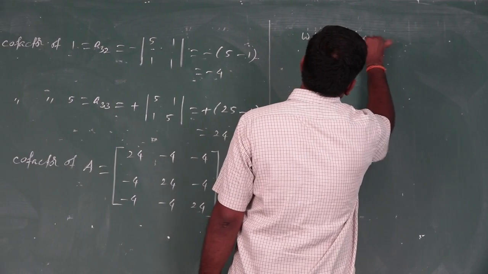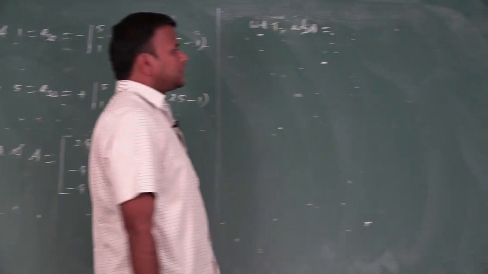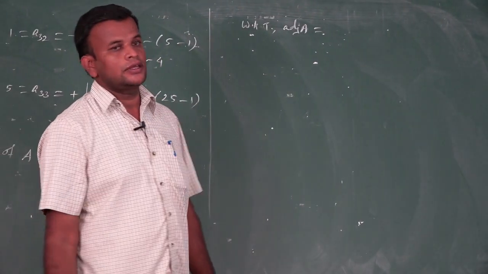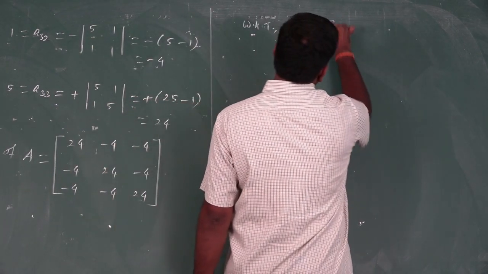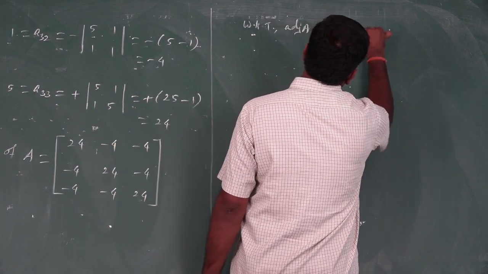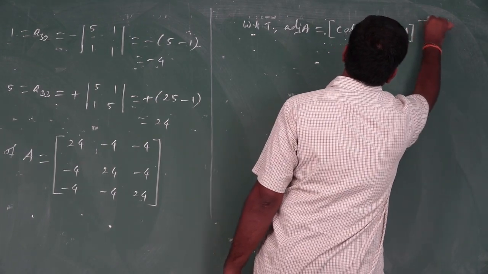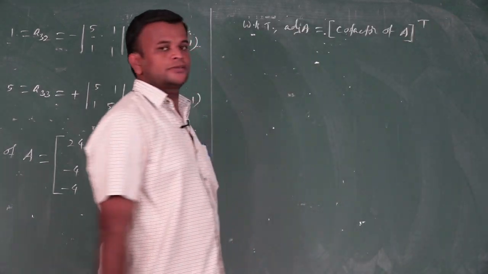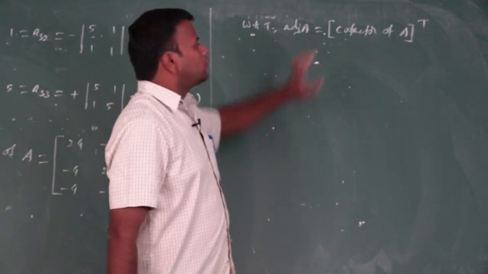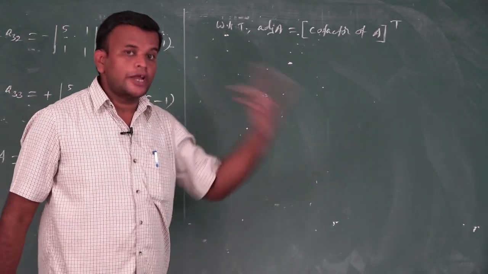The adjoint of the given matrix, which we take as A, the formula is the cofactor of A whose transpose. The adjoint formula is the cofactor of the given matrix transposed.